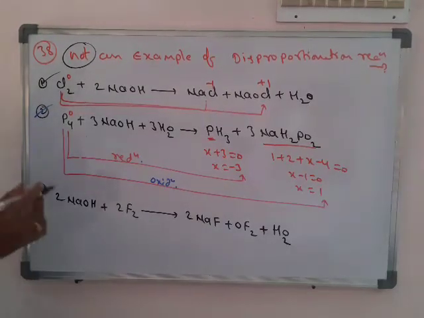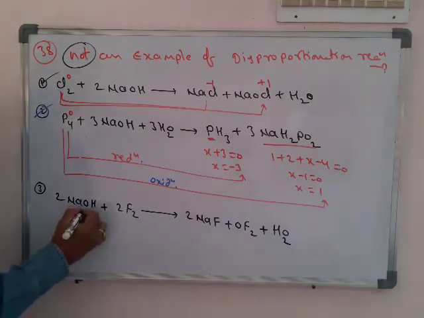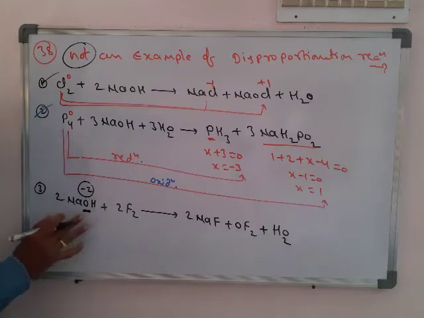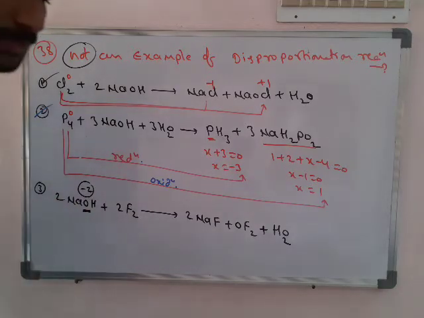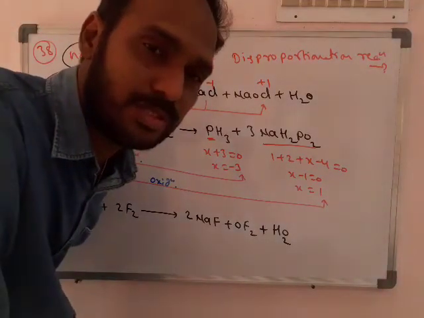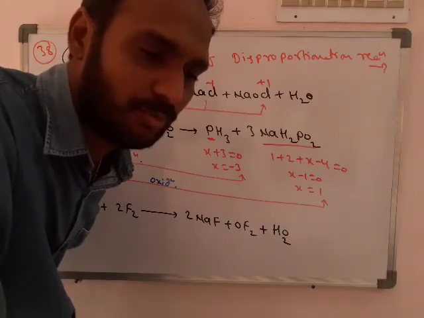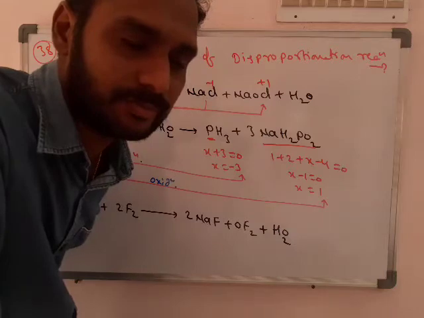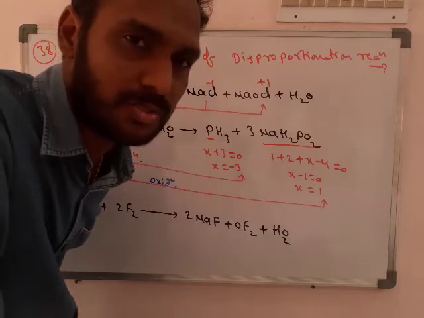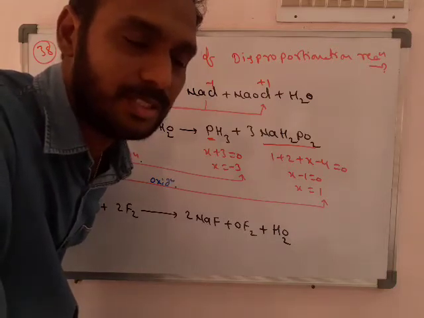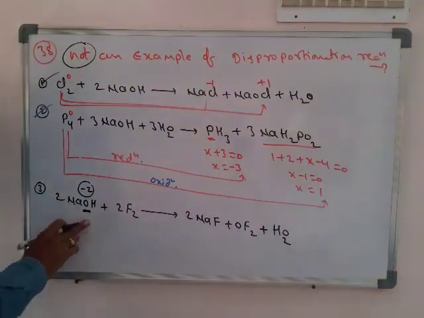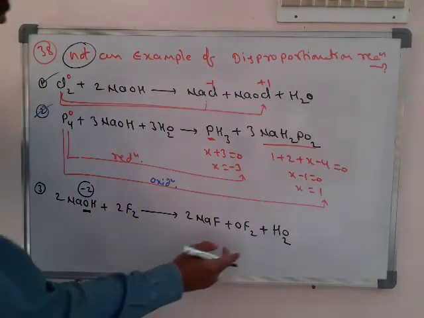So we check the oxygen oxidation number. What is the oxygen oxidation number here? Here oxygen oxidation number is -2. You know that in all cases oxygen has -2 except in some cases, that is in peroxides and superoxides. In the presence of fluorine, oxygen shows a different oxidation number than -2. So NaOH is a normal base, oxygen having -2.